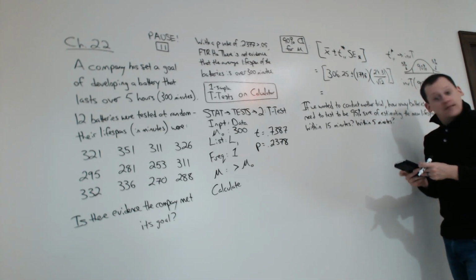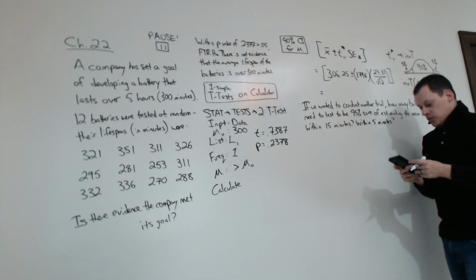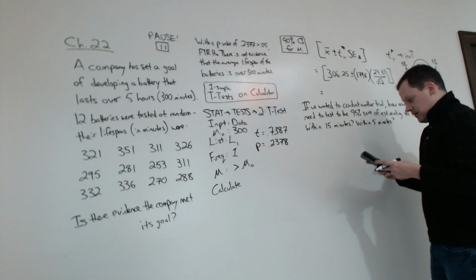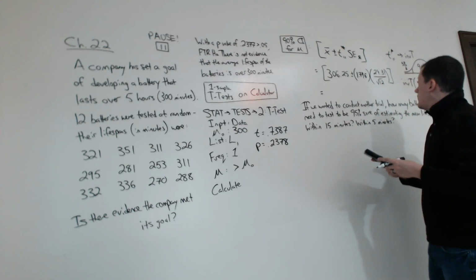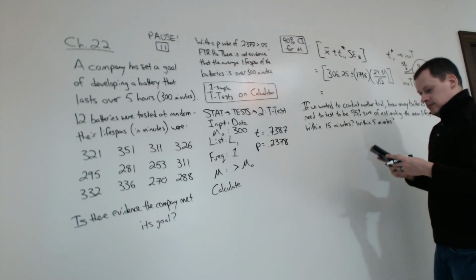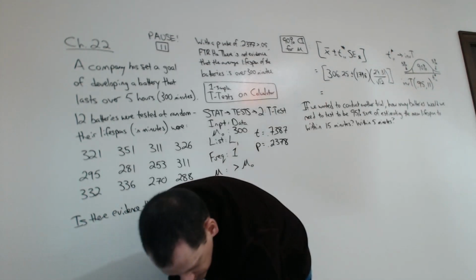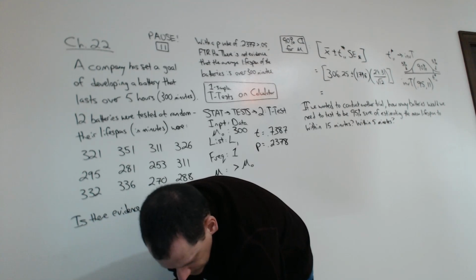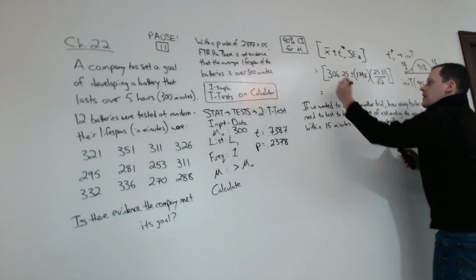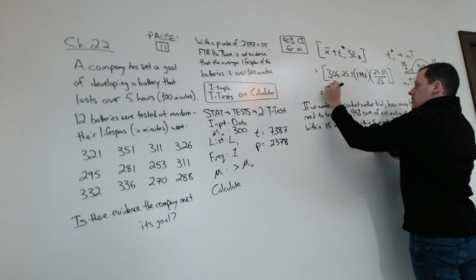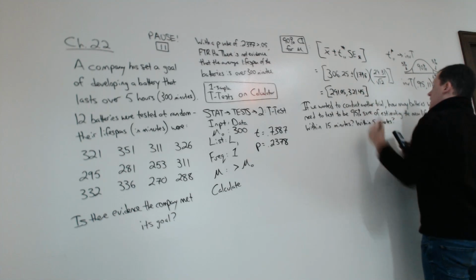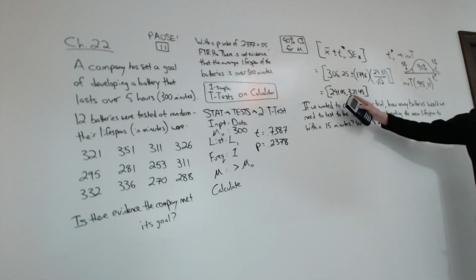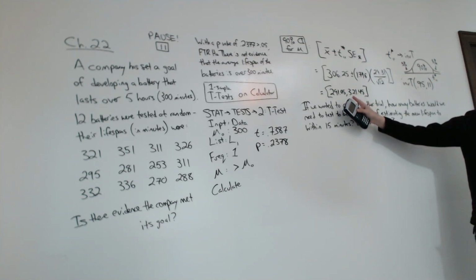Your data is still in L1, the frequency is 1, and the confidence level is 0.90. Calculate. Just want to make sure here. Yeah, that's what I got before. That gives me 291.05 to 321.45. Okay, so that is our confidence interval here.